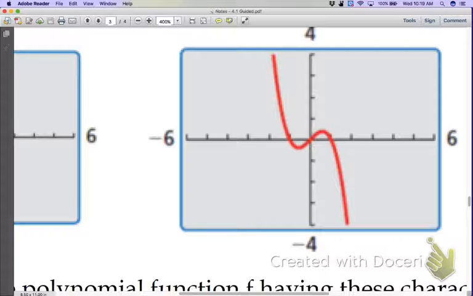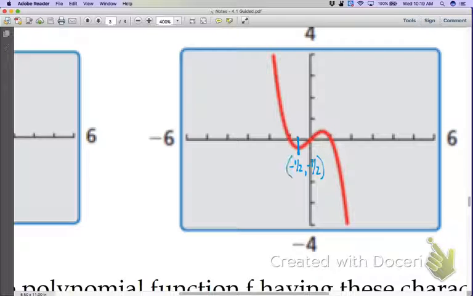So whenever we talk about increasing and decreasing, if I'm looking at this graph here to the right, and I have this blue line right there, I'm going to call that negative 1/2.